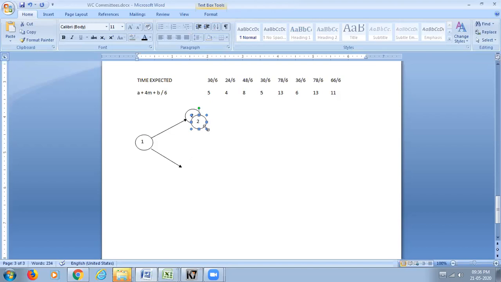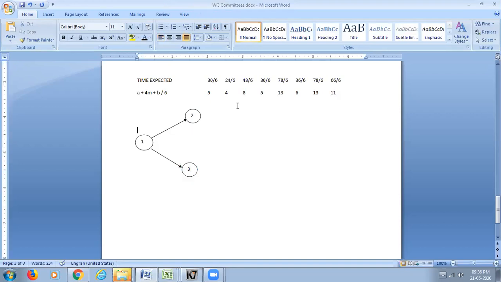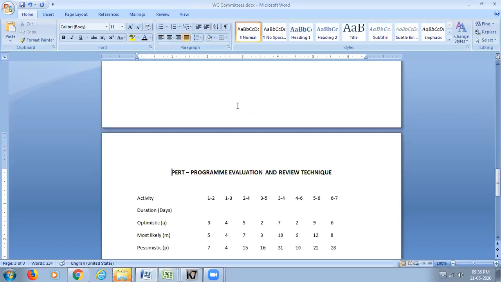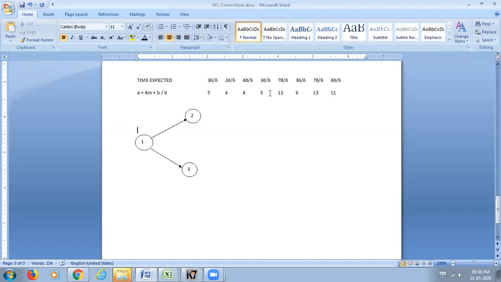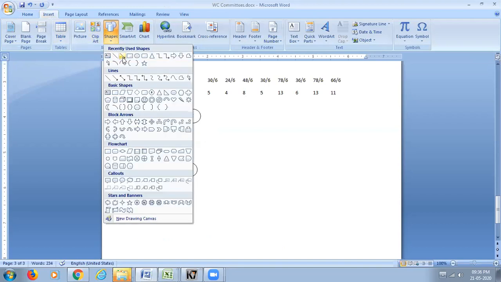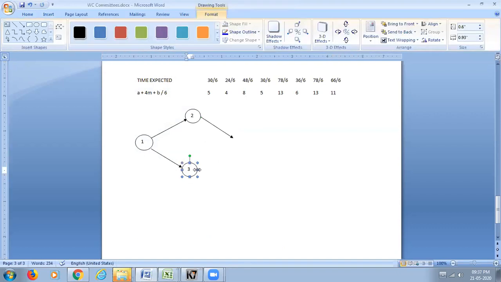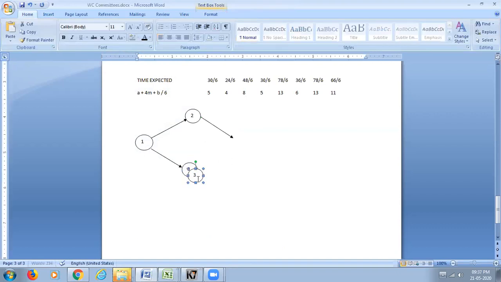Here, this is 3, 1 to 2, 1 to 3, 2 to 4, 3 to 5, 4, and take from 2 to 4. Let us have 4 here. It is 2 to 4.